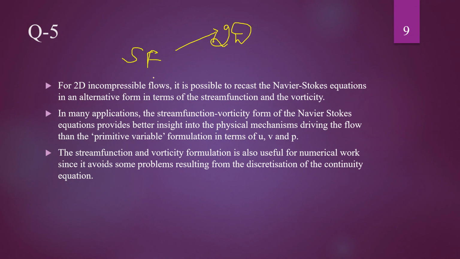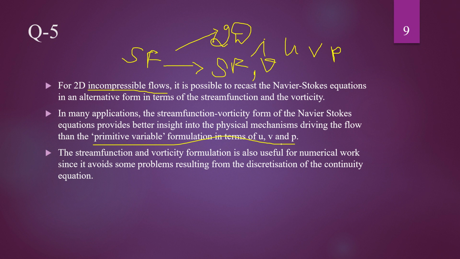So rather than using u, v and p, in the stream function vorticity approach we use two variables called stream function and vorticity, and give definitions to them. In many applications, the stream function or vorticity form of the Navier-Stokes equations provides better insight into the physical mechanism driving the flow than the primitive variables u, v and p.